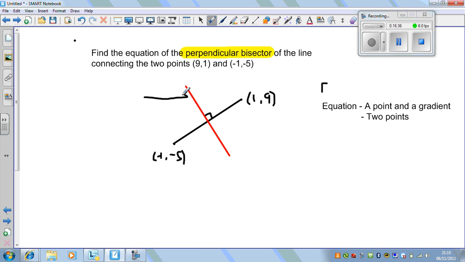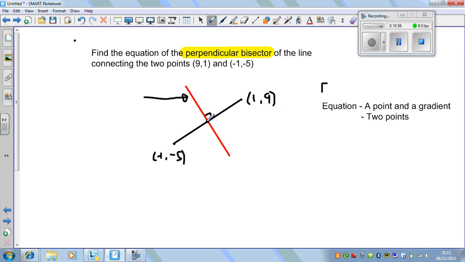It's this line which we want to find the equation of. So we've either got to find 2 points on this line, or 1 point on this line and then find the gradient. I think we're only going to be able to find 1 point on this line, and it's going to be the point where it bisects the line between the 2 points.